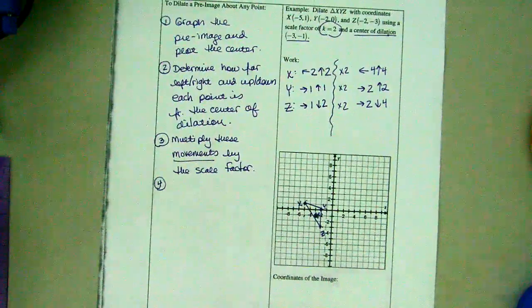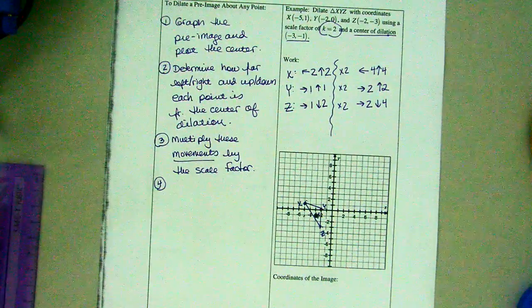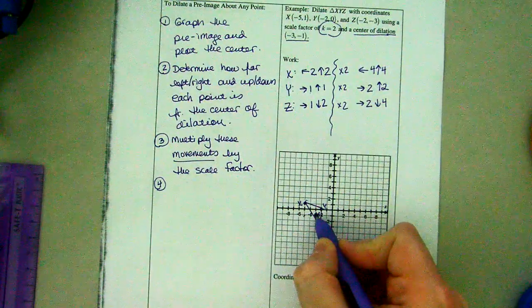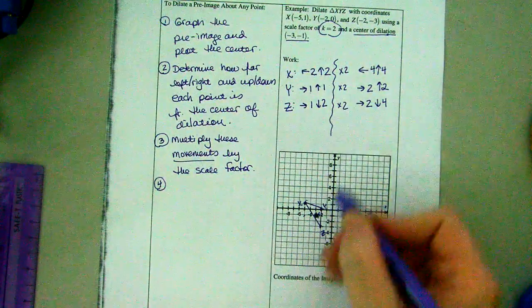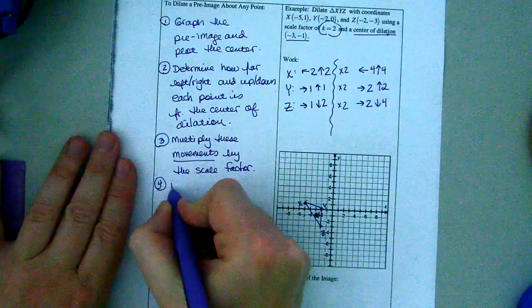Step 4. We're going to now plot our image. And to do this, I'm going to start from the center of dilation, and I'm going to move the appropriate new movements that I just calculated.